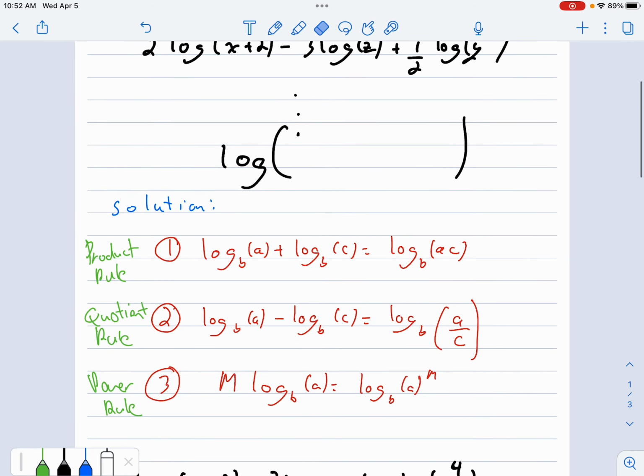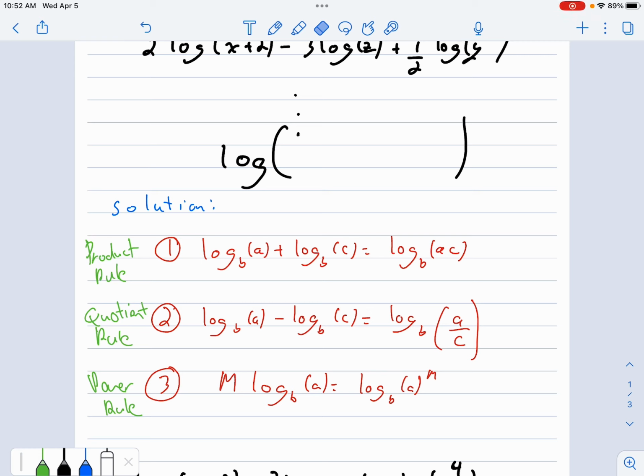Okay, so to go about solving this, what you're going to need to use is these, I would say, kind of famous rules that we have about logarithms: the product rule, the quotient rule, and the power rule. Essentially, the product rule says that if you take the two logs with the same base and you add them up, it's equal to taking the log of the same base of the product of the arguments. The arguments are just the insides of the log. That's what the a and the c are, arguments.